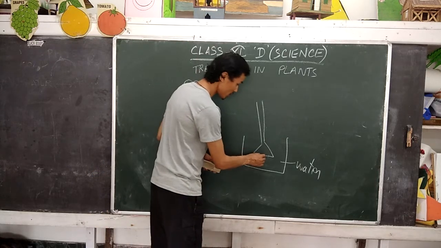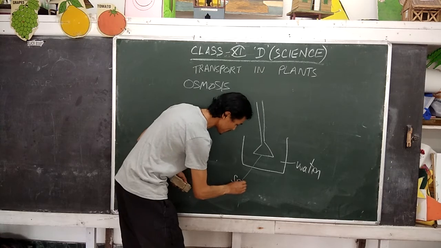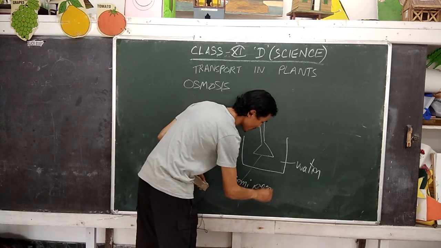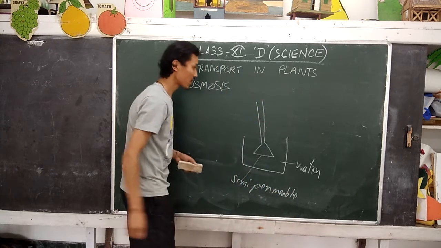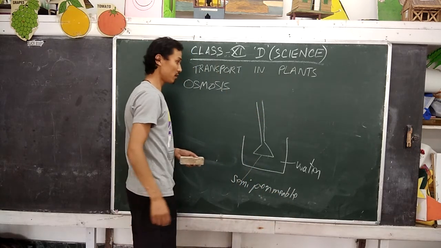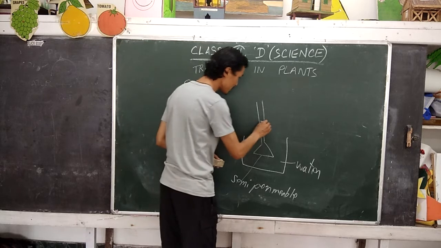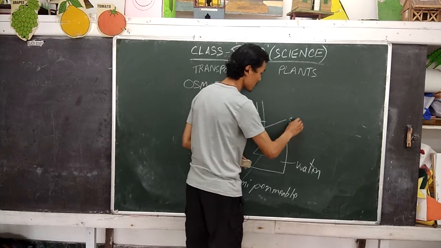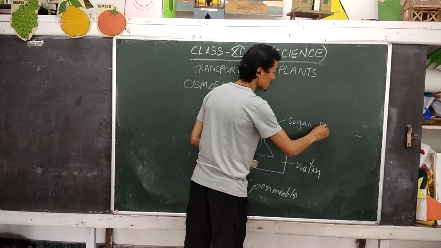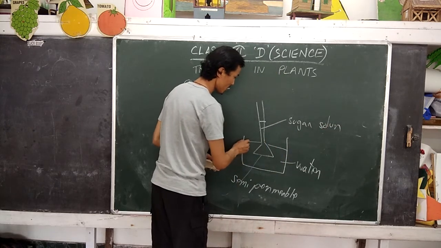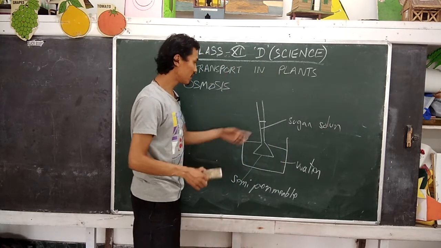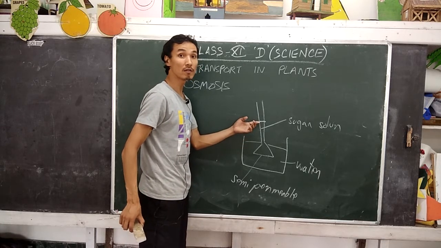The base of the funnel is covered with a semi-permeable membrane. From one end of the funnel, we're going to add sugar solution. Mark the initial level of sugar solution in the funnel.